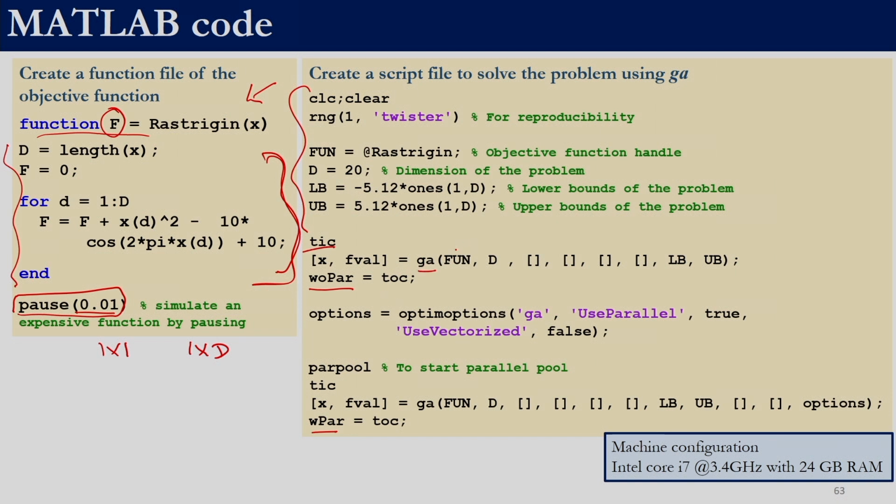We are providing the function, which is Rastrigin, the number of decision variables, and there are no linear equalities or inequalities, hence we are providing empty brackets and then we provide lower and upper bounds. When it encounters toc, it reports the time elapsed since calling the function tic. So, basically this variable WO par will display the amount of time taken for solving this problem without parallel computing.